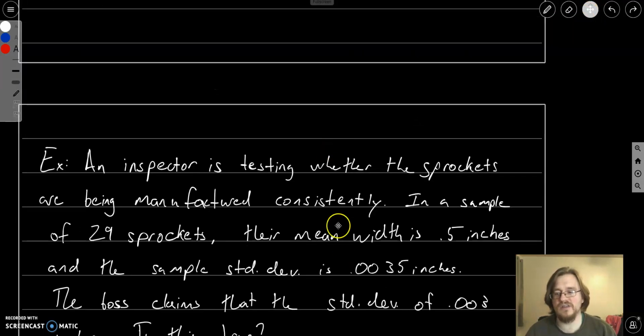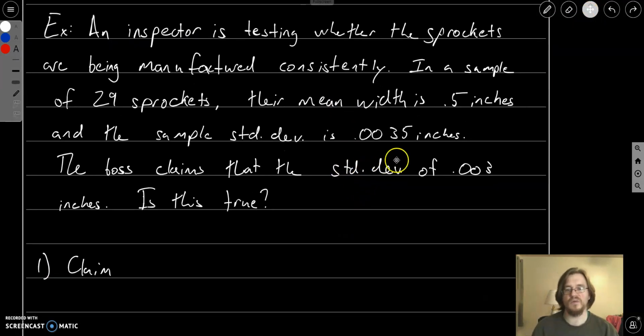So let's look at an example where we're just testing a sample standard deviation. We're testing a claim with a sample. So we've got an inspector, and they're testing whether or not sprockets are being made consistently. So we want to have the standard deviation be reasonably small. In a sample of 29 sprockets, their mean width is 1/2 inch, and the sample standard deviation is 0.0035 inches.